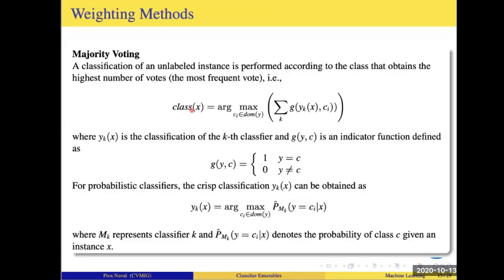So the class of X is just the argmax of the following: the sum of g of y sub k, comma ci, where y sub k is the classification of the kth classifier, and g is an indicator function defined as follows. When y is equal to c, this outputs a value of 1.